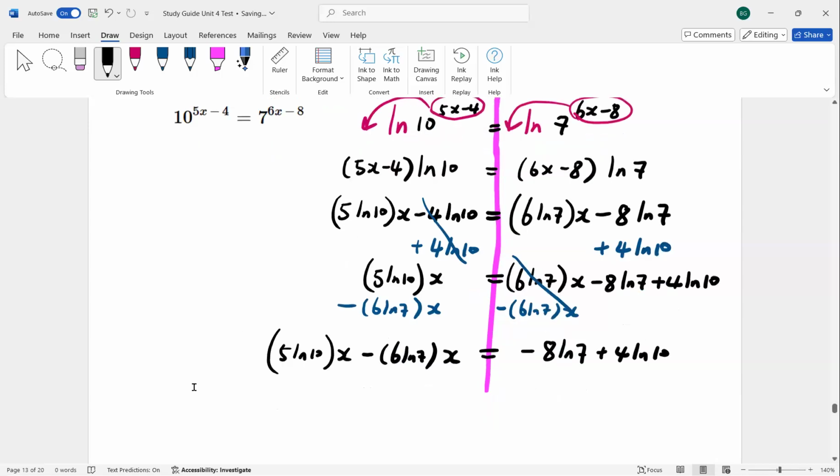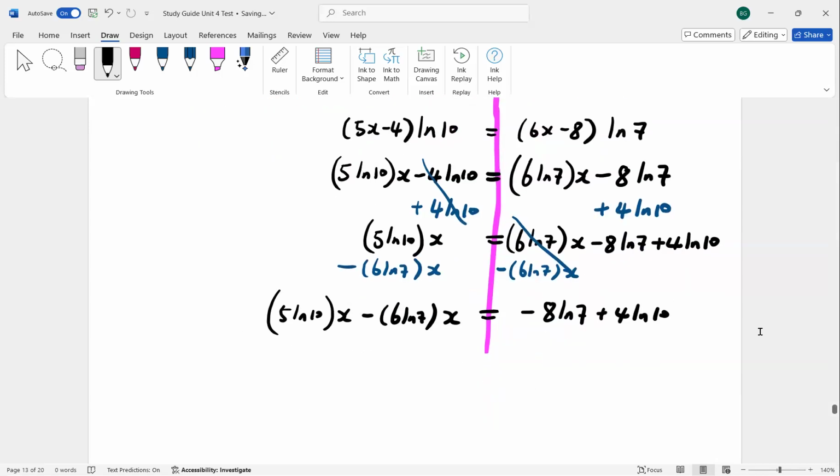We collect like terms for the purpose of combining them. On the left side, we can combine the two like terms. If you have 9x minus 5x, you know how to combine, right? It's just that now the coefficients look more complicated. You can also see this as factoring x out.